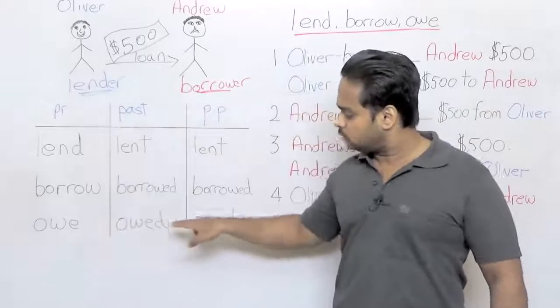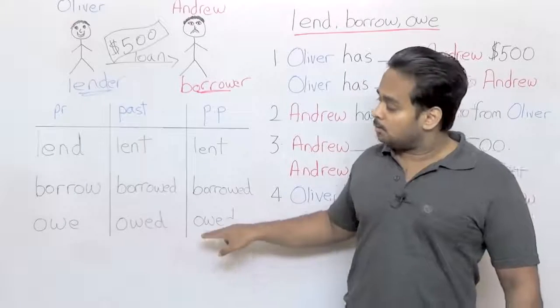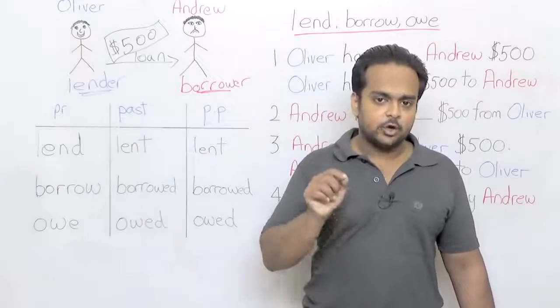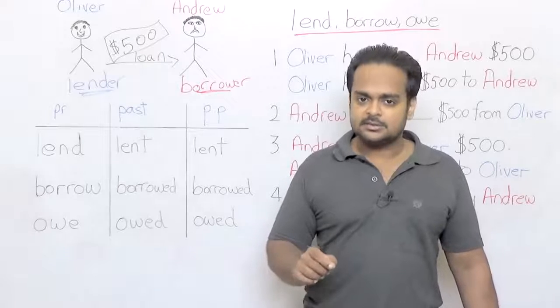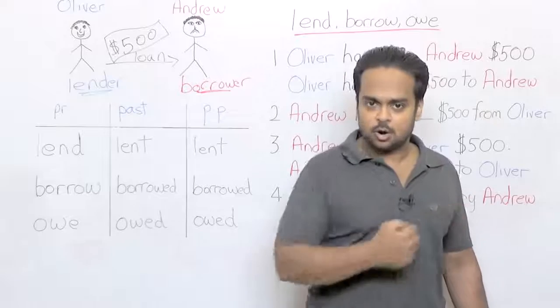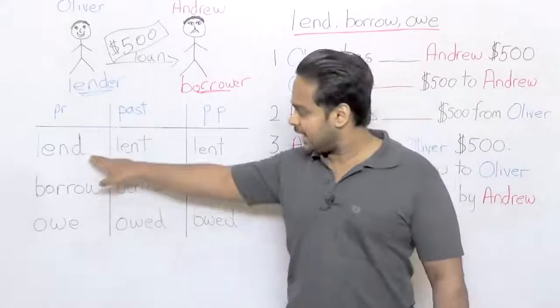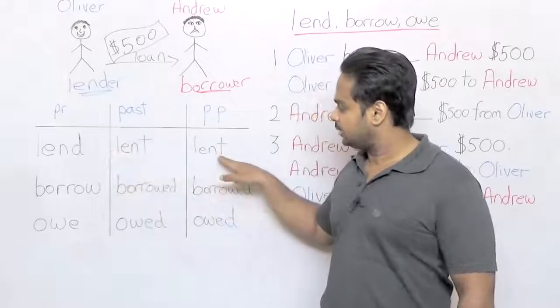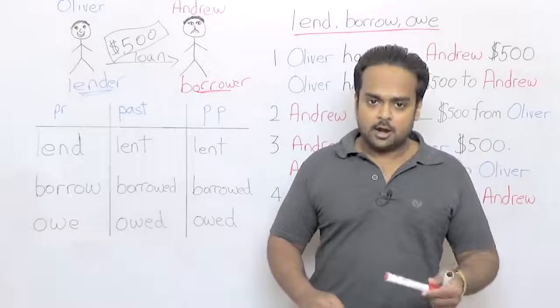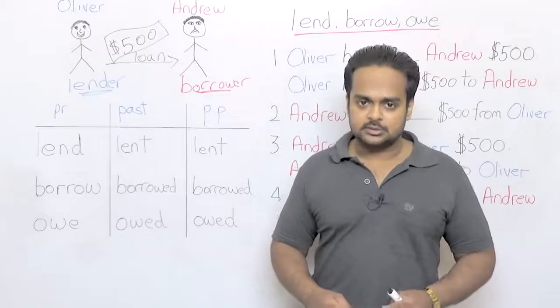Owe, owed, owed. But the word lend is irregular. It's an irregular verb. That means that we cannot add ed to make the past or the past participle forms. So we say lend, lent, and lent. That's important to remember.